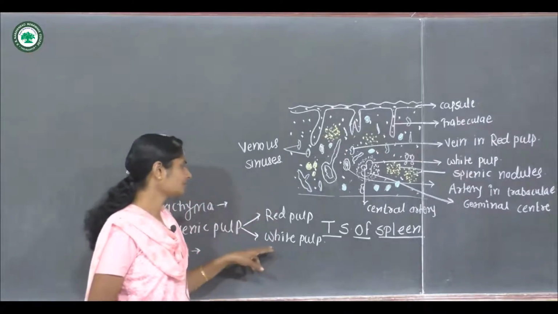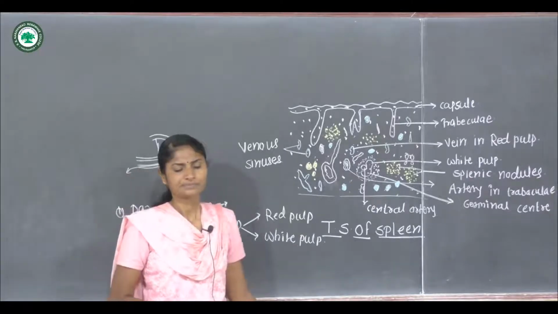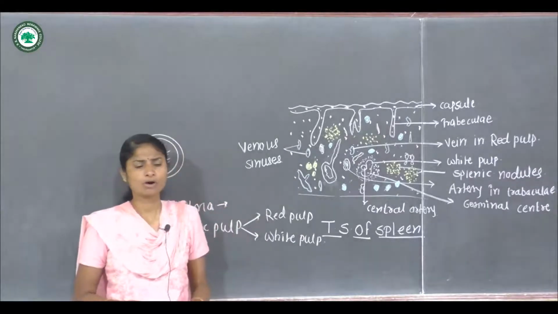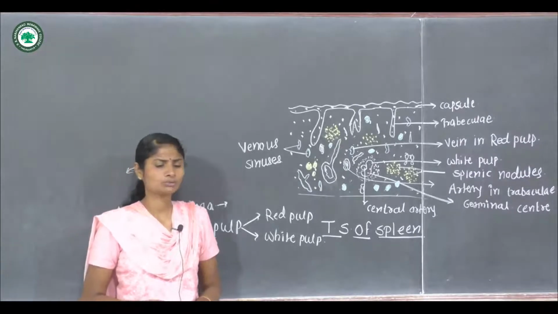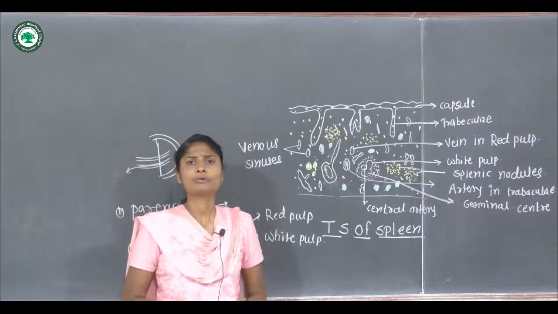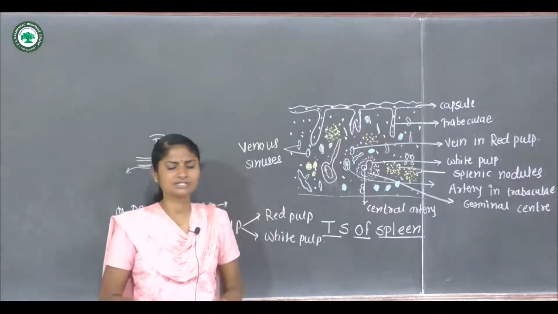Let us start with white pulp. White pulp is a compact mass of lymphoid tissue around the arteries in the form of a periarterial sheath.